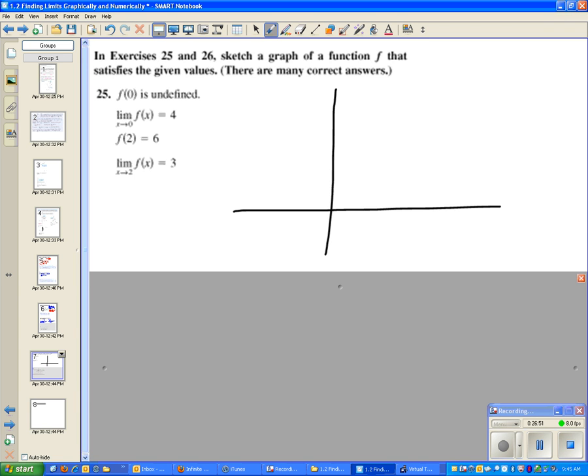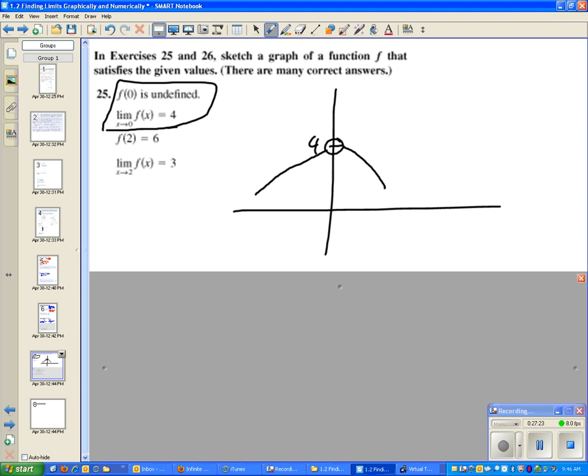Since the value at 0 does not exist, but the limit as x approaches 0 is 4, I'm going to put an open circle at 4, and I'm going to make sure that as x approaches 0 from the left, the y values are going towards 4, and as x approaches 0 from the right, the y values are going towards 4.